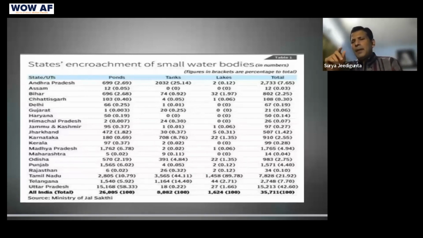And you will be happy to hear, it recently came in the newspaper that Kerala has become the first state to approve a water budget. It's just like our financial budgets, a water budget of the state. It gives you the total availability of water at a place.